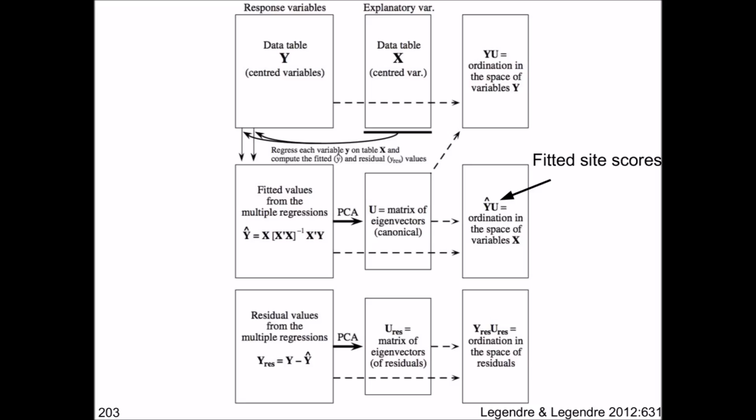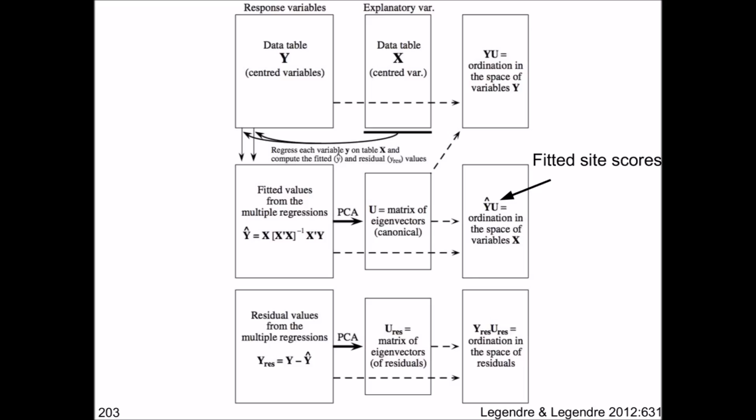So we obtain the fitted site scores, and on the other hand we can take the remaining non-explained variance which is left from the multiple regression analysis and run a PCA on this, and then we obtain the ordination in the space of residuals.